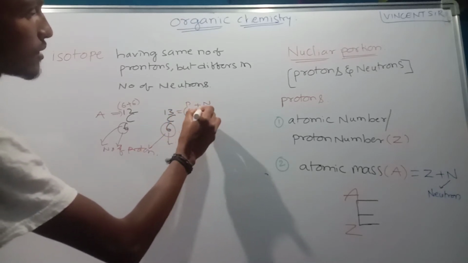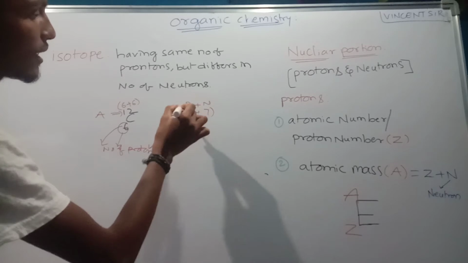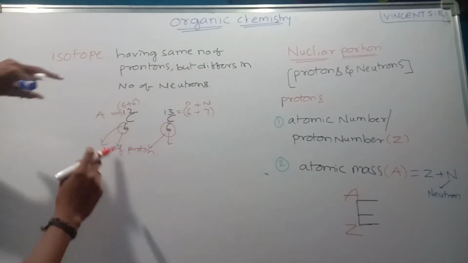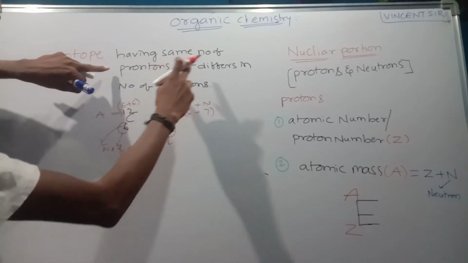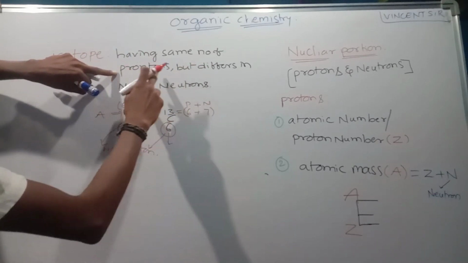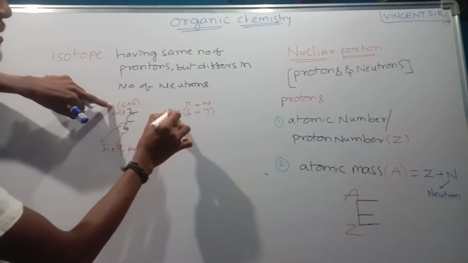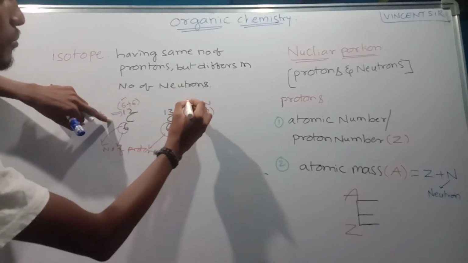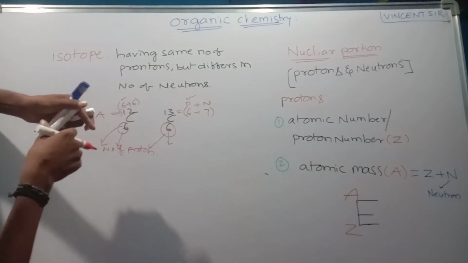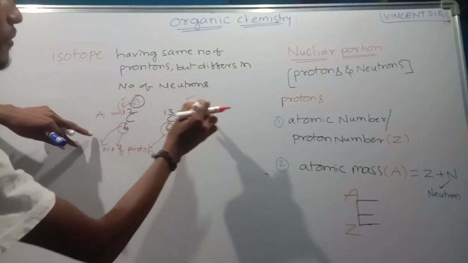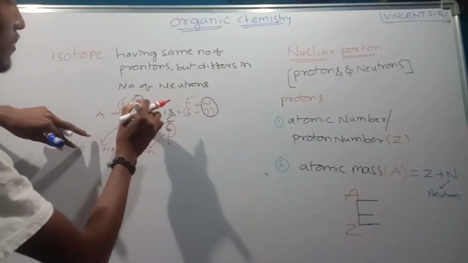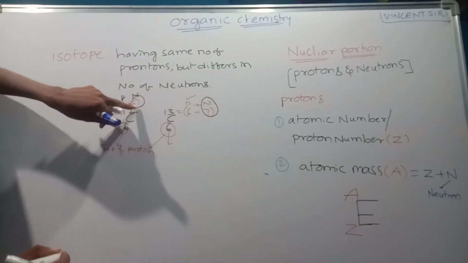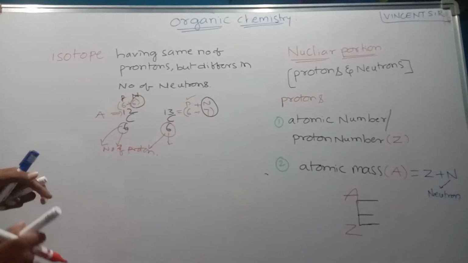So 6 protons plus 1 extra neutron will be there in that one. Isotopes have the same number of protons but differ only in the number of neutrons.